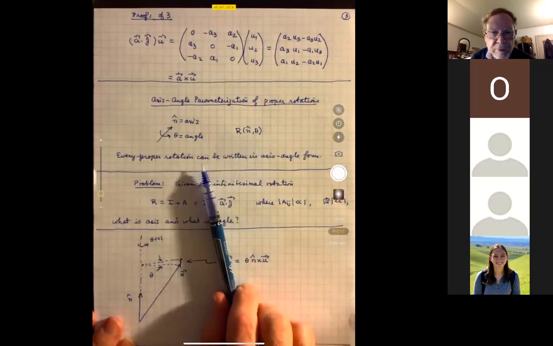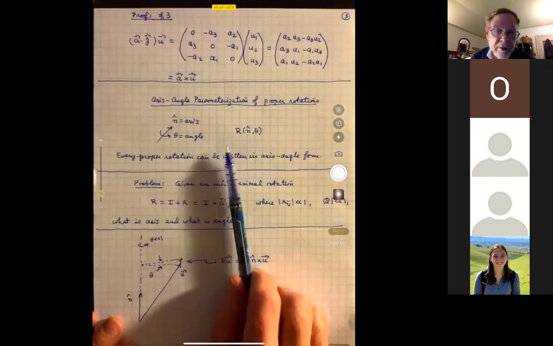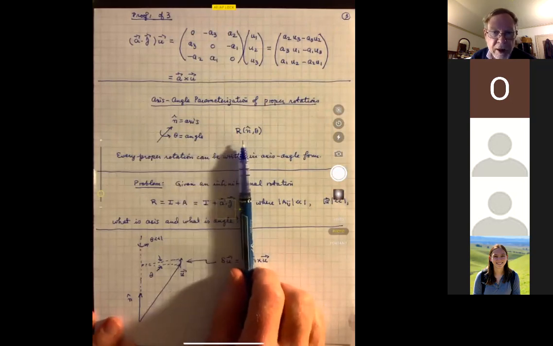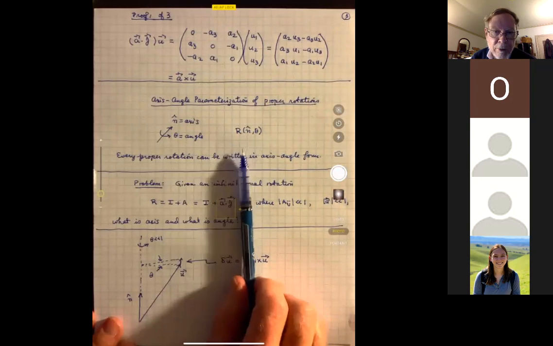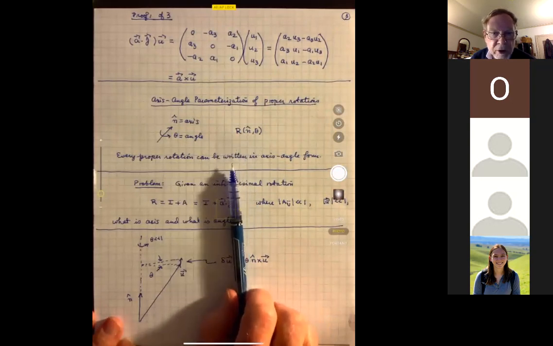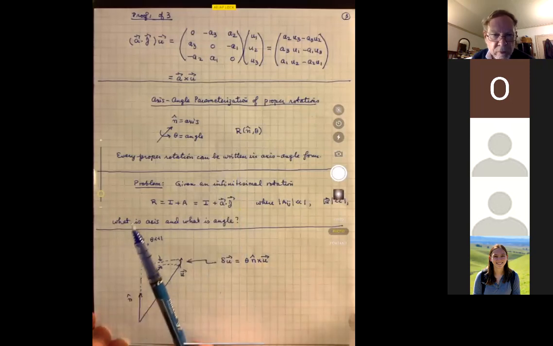And it's a fact, which I didn't prove, but one can prove, that every proper rotation can be written in axis angle form. I think it's clear geometrically that the axis and angle do specify a proper rotation, but the converse is true also, that every proper rotation has an axis and an angle. So there's no loss of generality in writing a proper rotation in axis angle form.